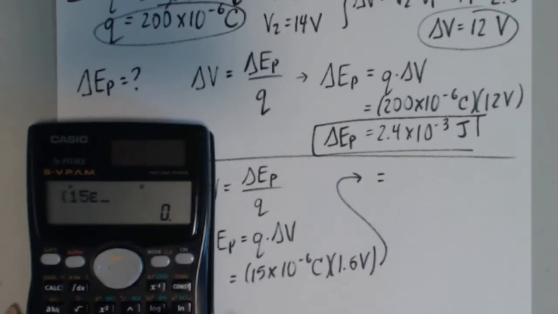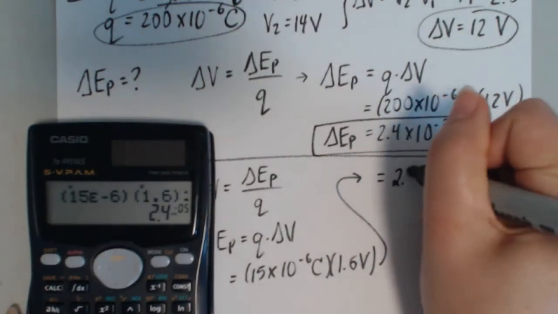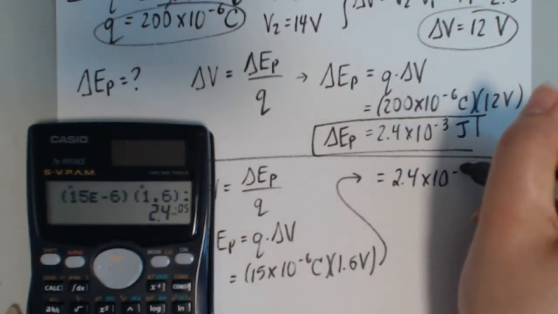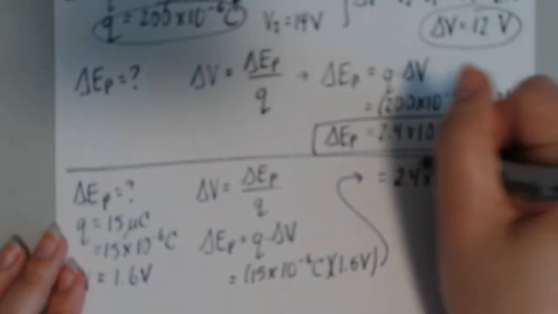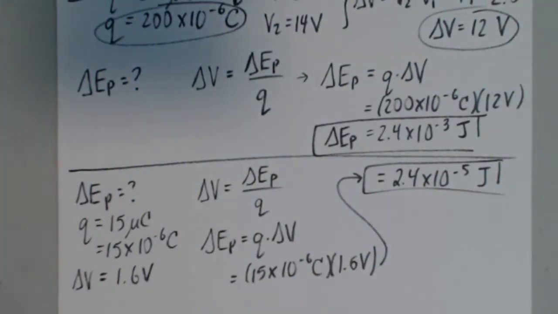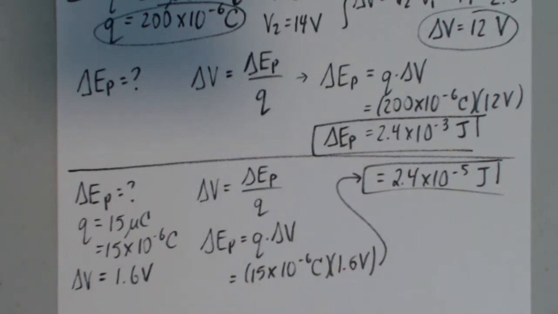That's 2.4 times 10 to the negative 5 joules. So this chemical energy is converted to electric energy by the cell. All right, back to the slides.